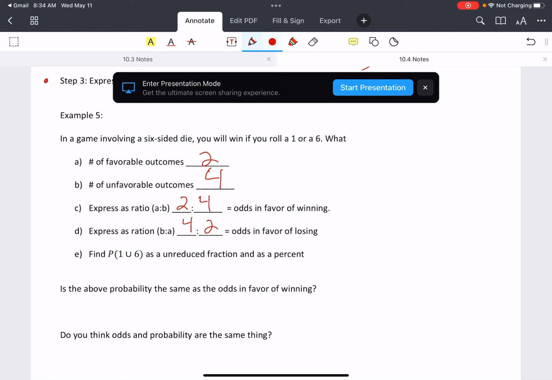Okay, so let's go back to when we did probability the last couple days. If I wanted to know the probability of winning, not the odds of winning, I'd say there's 2 out of 6 possibilities that make me win, right? Turn that into a percent for me.